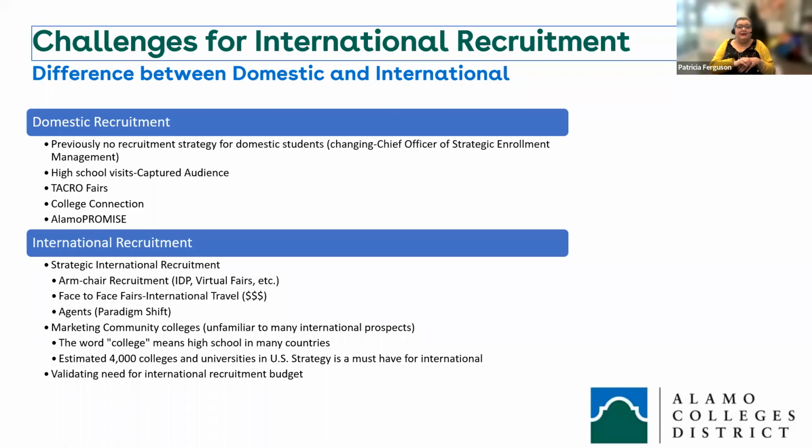So just from my perspective and what I've seen, especially here with Alamo Colleges, what is the difference between domestic and international? I worked for 8 years as a domestic recruiter for Northwest Vista College here at the Alamo Colleges.